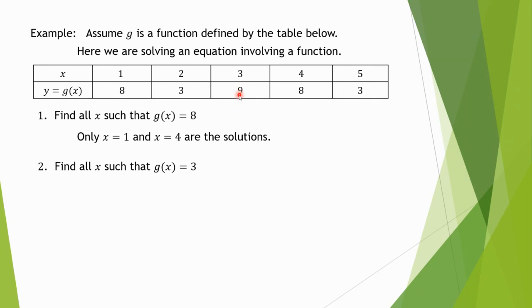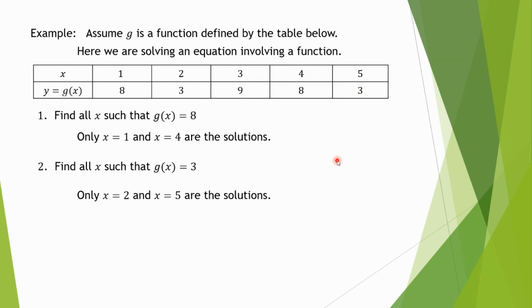So we're thinking of 3 as an output. Not here. Here we go. And what's x? 5. So it looks like when x is 2 and when x is 5, we get 3 in either case. So there's only two solutions here. When x is 2 and when x is 5, in either case, g of x is 3.